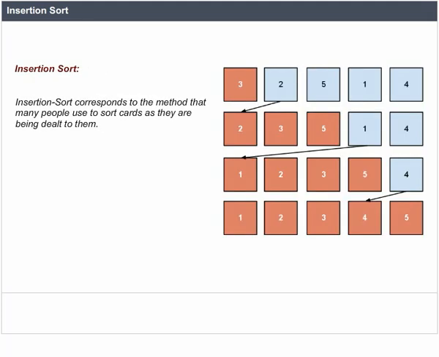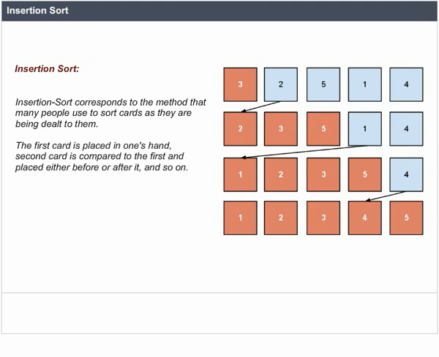Insertion sort. Insertion sort corresponds to the method that many people use to sort cards as they are being dealt to them. The first card is placed in one's hand. The second card is compared to the first and placed either before or after it, and so on.